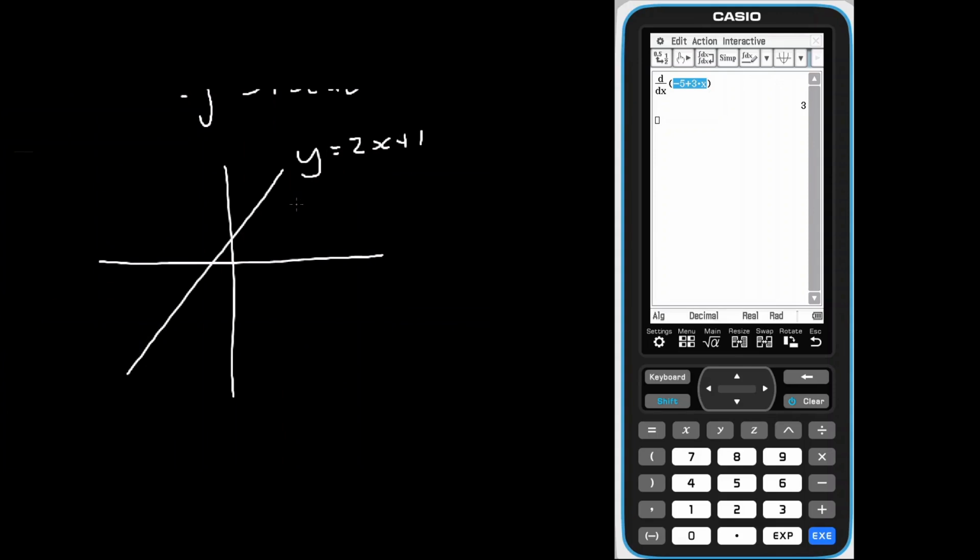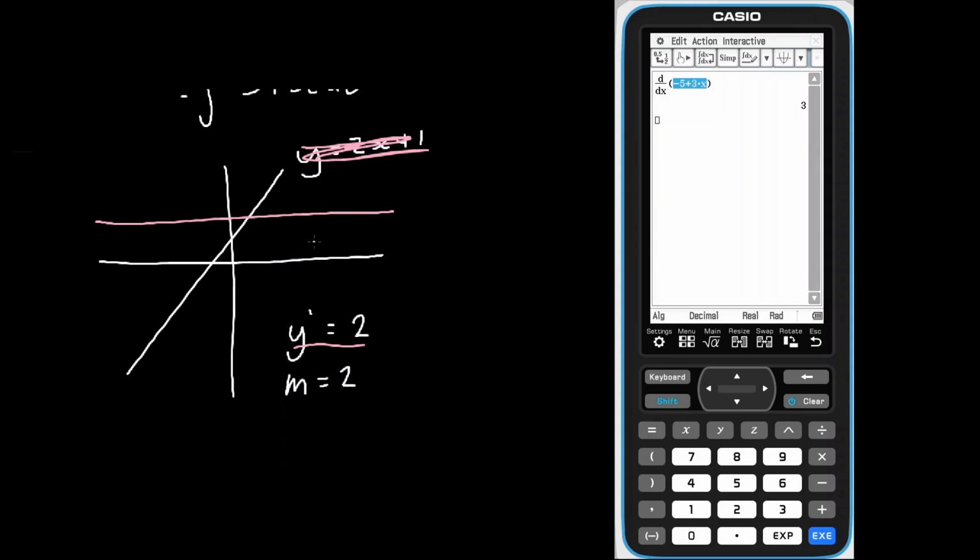Now, if I differentiate this, y dash would just be equal to 2. So I'm going to plot this guy in a different color. Now, let's say I didn't have this one at the top, and I'm wanting to integrate the bottom one. All I know about my equation is that my gradient, my m, is equal to 2.